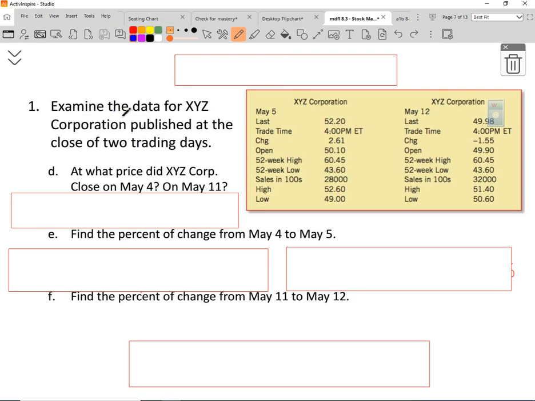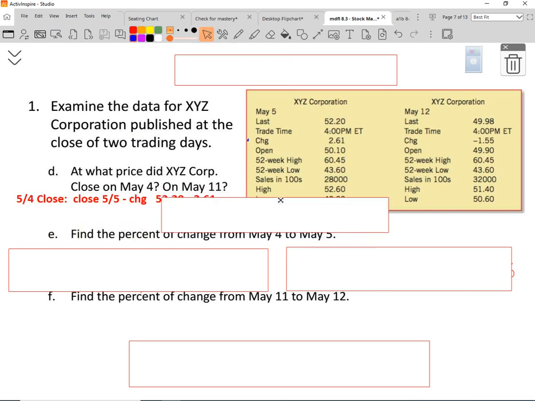It says, still looking at the same corporation, still the same 2 days, all the data is the same, but you'll notice this says, at what price did XYZ Corporation close on May 4th? Well, they don't tell us anything about May 4th, right? We can use the May 5th data and this change to find the close on May 4th.